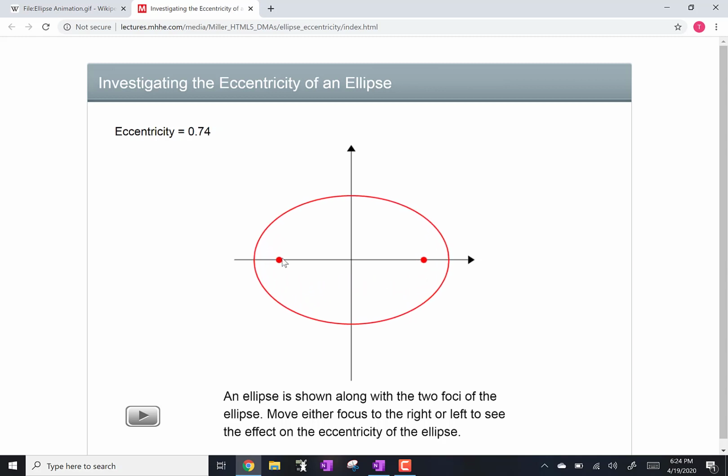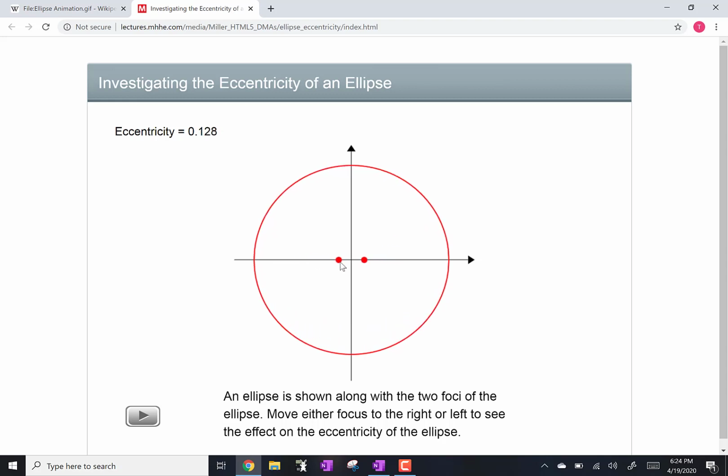As the foci go closer and closer to the center, it looks more and more like a circle. When they're both at the origin, over top of each other, we get a perfect circle, and the eccentricity is 0. That's kind of interesting.